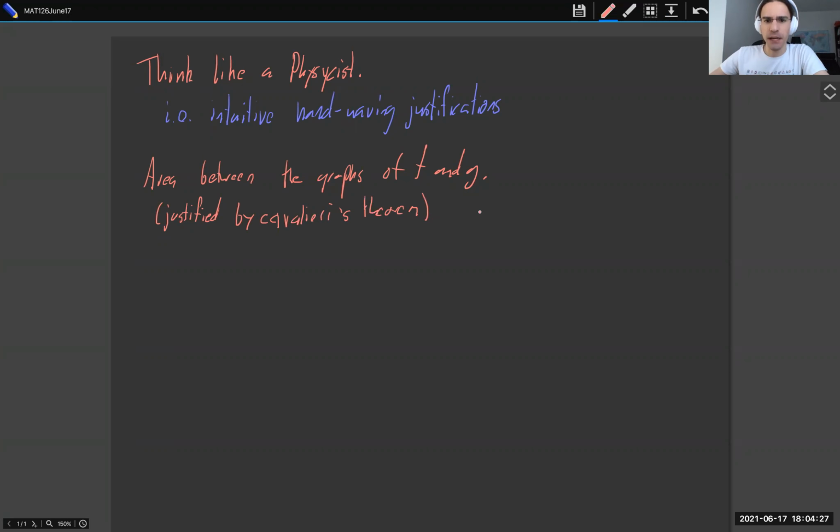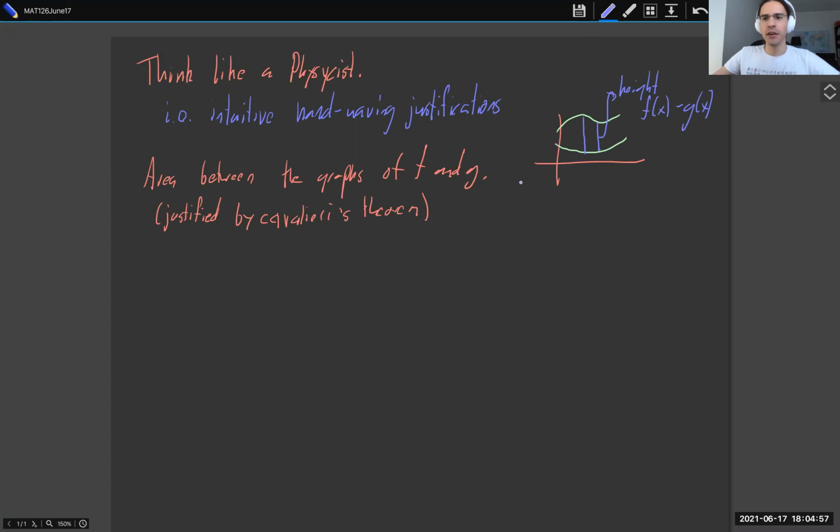So these results respectively said that we could imagine taking our function, let's say this is our f and this is our g. And we could write it as a bunch of vertical slices with heights f of x minus g of x.